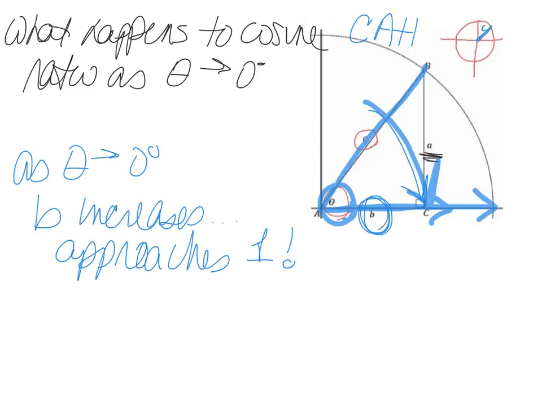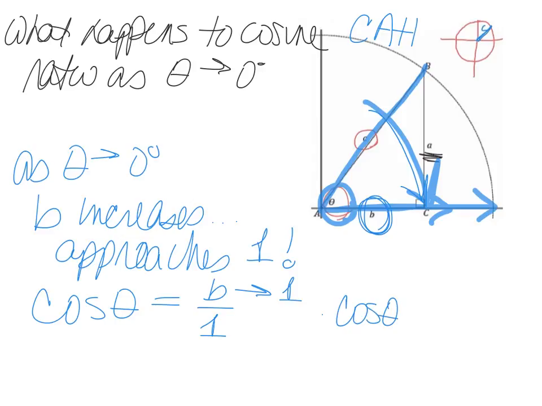And since we know that cosine theta equals adjacent over hypotenuse, B is approaching 1. Therefore, cosine of theta approaches 1 as theta approaches 0. Cool? Awesome. Let's look at something else.